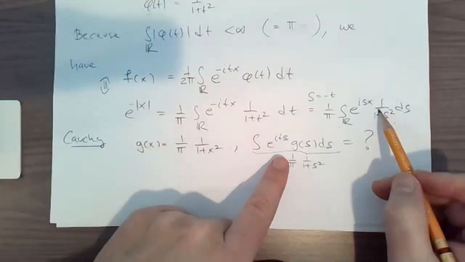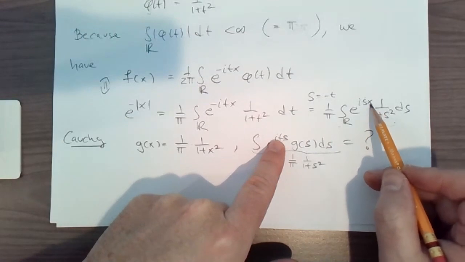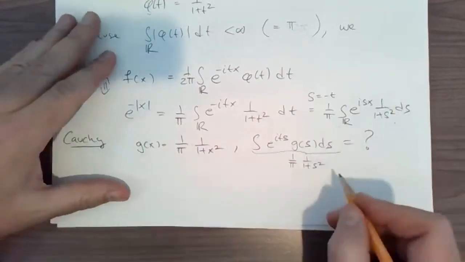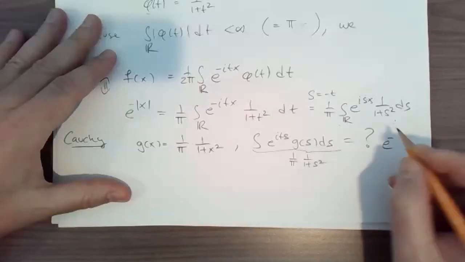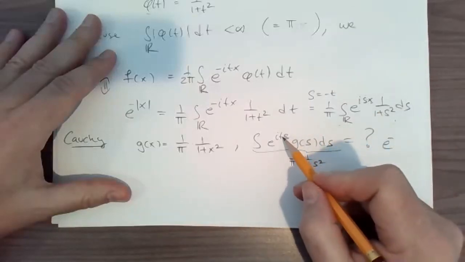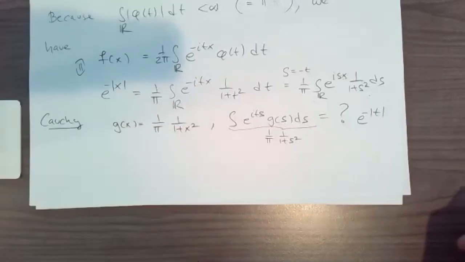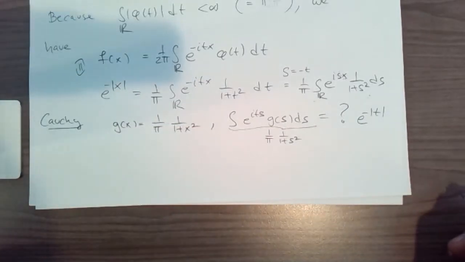And now you're much closer, right? So t here plays the role of x, and s is the same. So you get that this is equal to e to the minus, and then the role of t here is x. Okay, so you get absolute value of t. Yep.